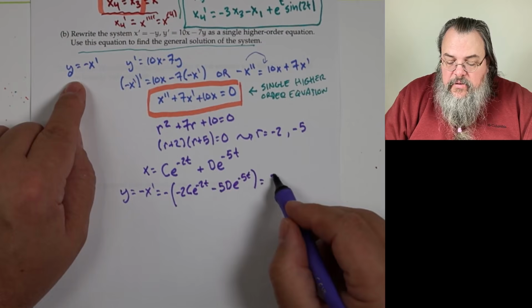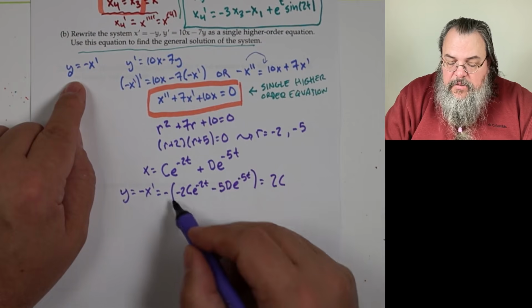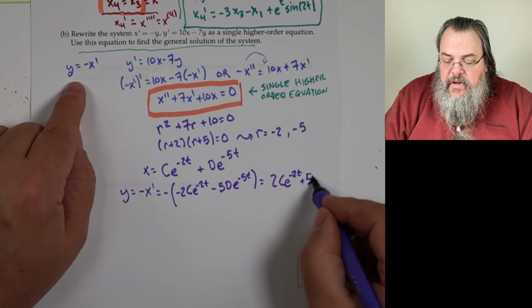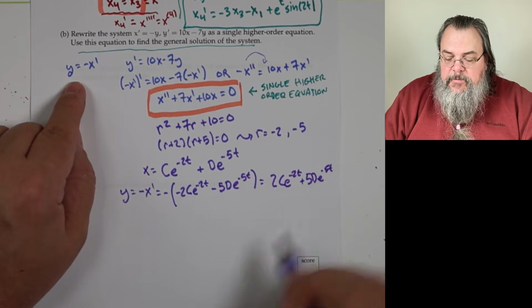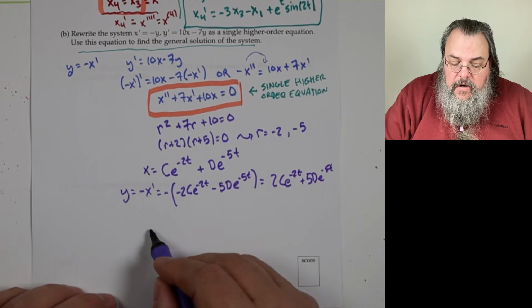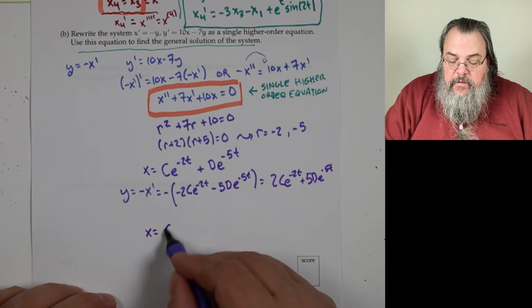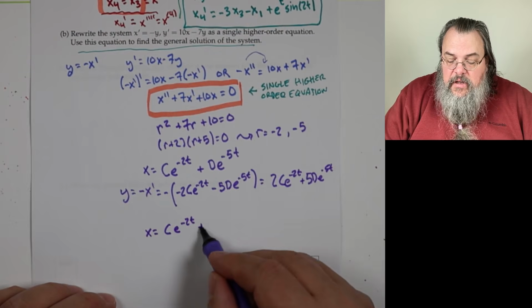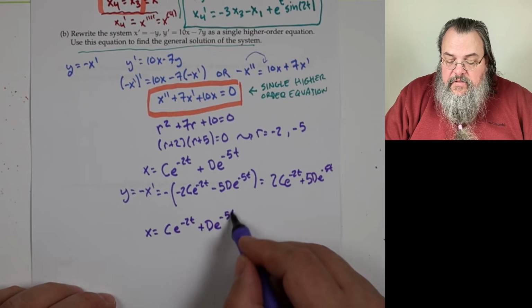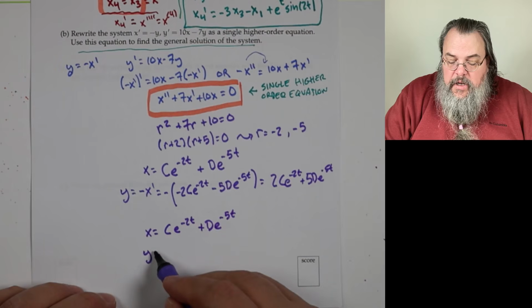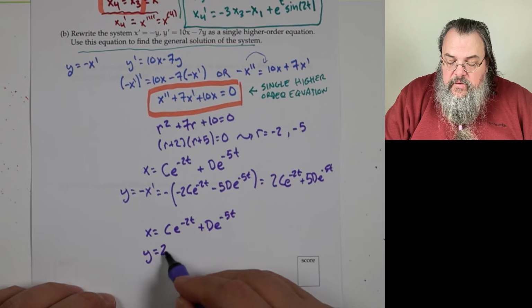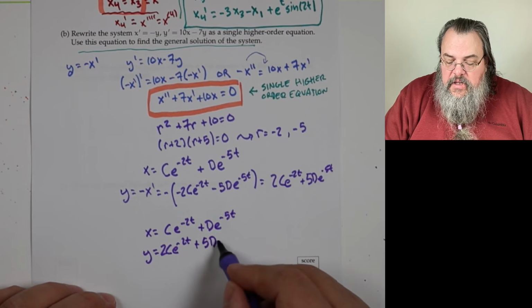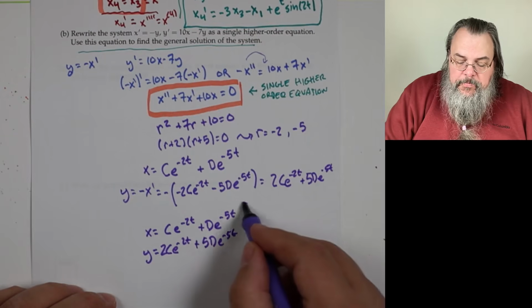Or that's 2c, because I can distribute the minus through, 2c e to the minus 2t plus 5d e to the minus 5t. So our final answer: x is c e to the minus 2t plus d e to the minus 5t, and y is 2c e to the minus 2t plus 5d e to the minus 5t.